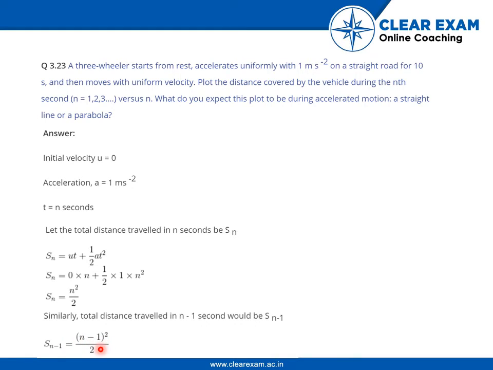If we want to know the distance covered in the nth second, we can simply subtract this from this, because one denotes the distance traveled in n seconds and the other denotes the distance traveled in n minus 1 seconds.